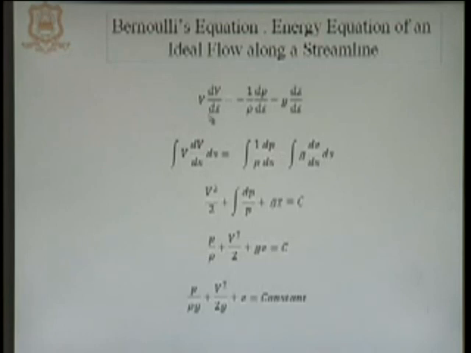Now, this is a flow along a streamline. So, if we want to integrate over a certain segment of the length of the streamline, then multiplying by that segment of the line and integrating over that length, this equation can be written in the form of integral of V dV over ds into ds is equal to minus integral of 1 over rho dP over ds into ds.